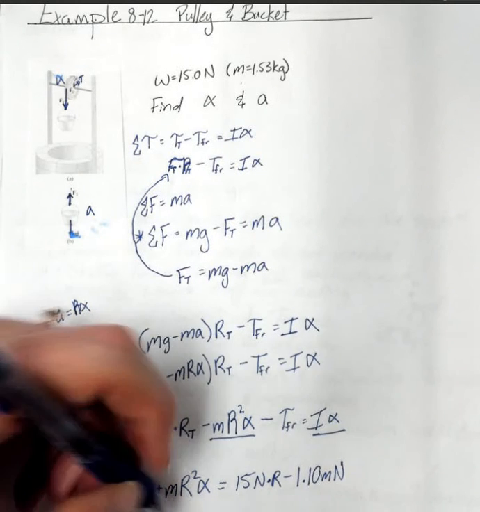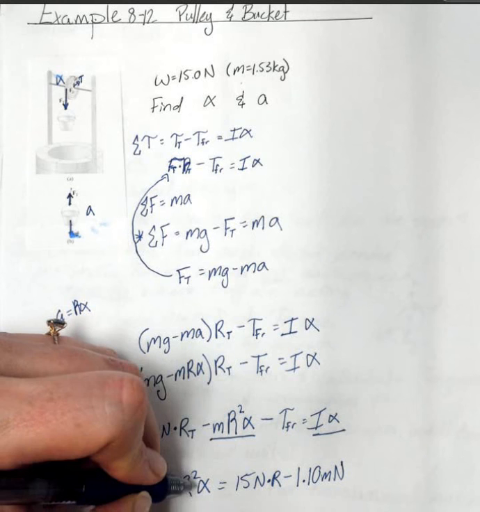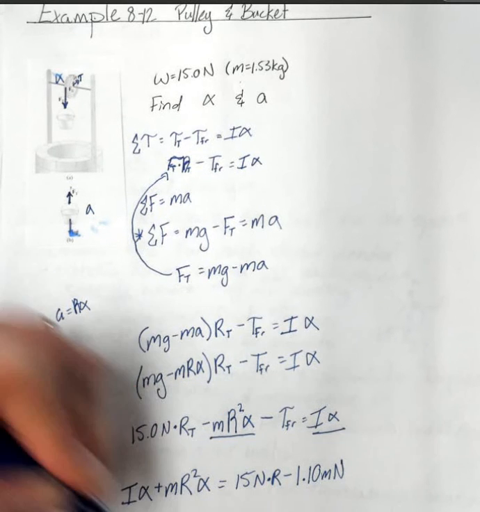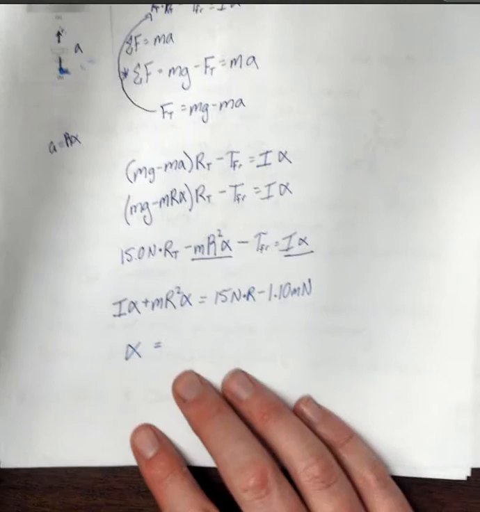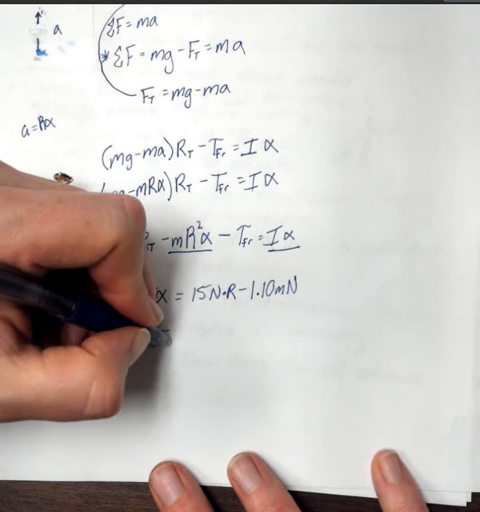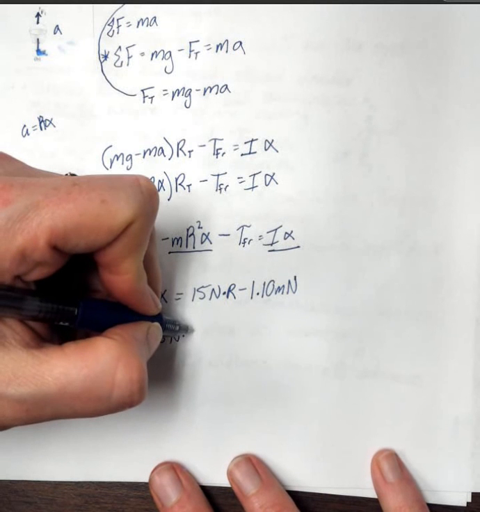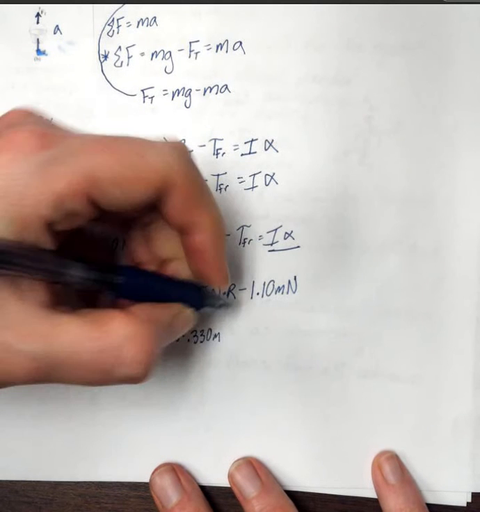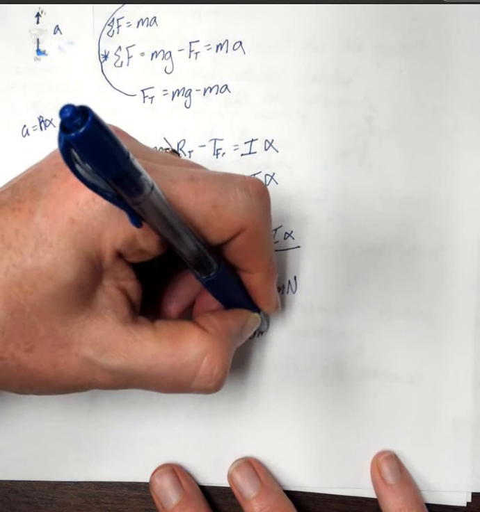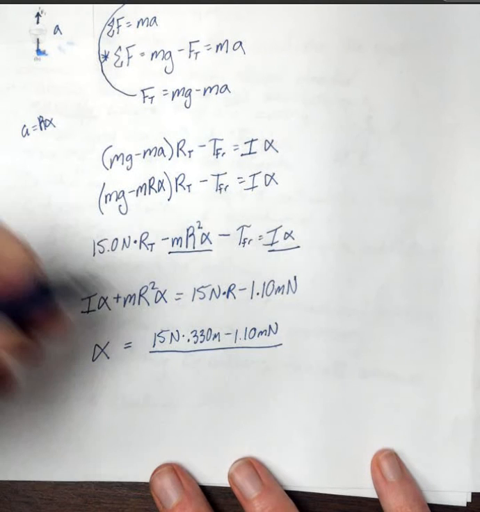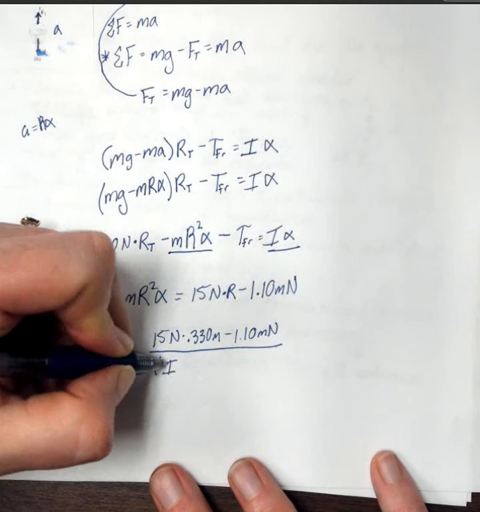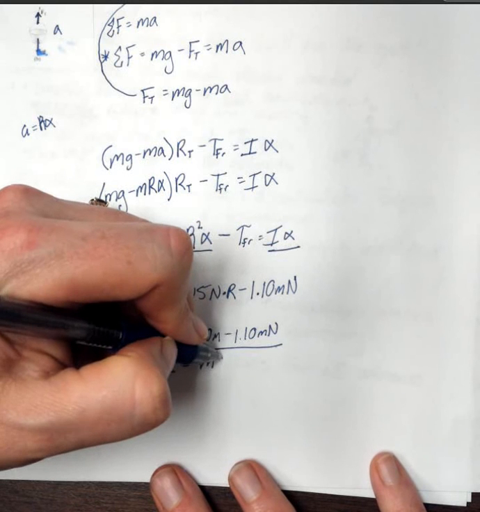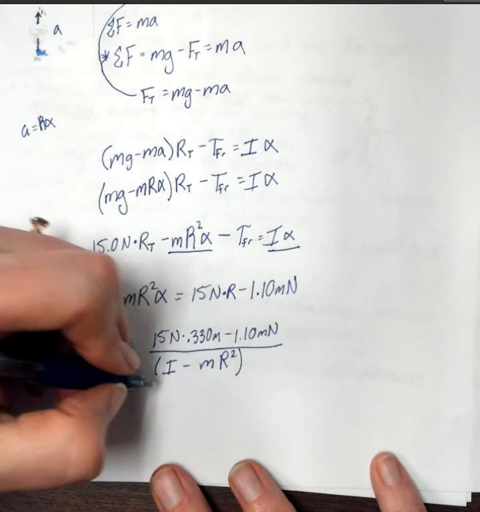And if I factor out my rotational acceleration, then I get that alpha is going to be given by 15 newtons times the radius, which is 0.330 meters, minus 1.10 meter newtons, divided by the moment of inertia minus m r squared. I have a value here.